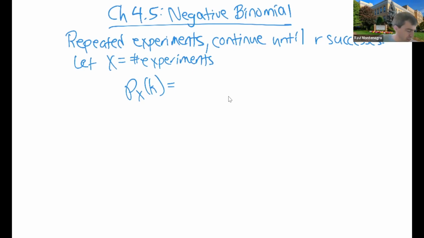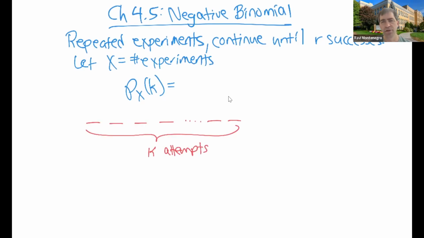So if I want to have r successes, and those r successes should happen in k attempts, then I know the last one was a success. Because if I had done all of those successes before the end, then the number of experiments it takes would be less than k.